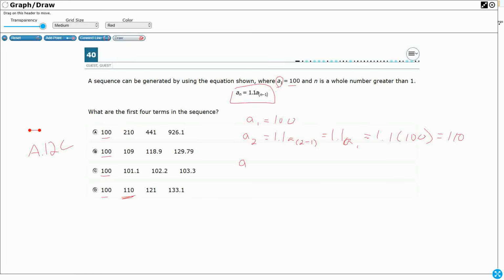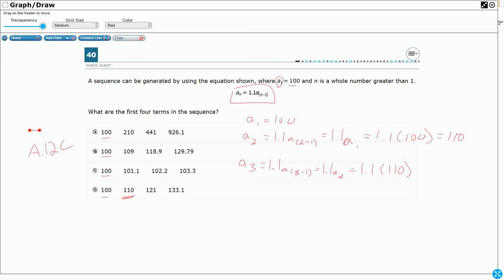Now we're going to take A sub 3, and it's going to be 1.1, right? That's our rate. And we're going to do A sub n minus 1, which is 3 minus 1. So that's 1.1. 3 minus 1 is 2. So we're going to take 1.1 and multiply by A sub 2, which happens to be 110. So really all we're doing is multiplying 1.1 times the previous term.